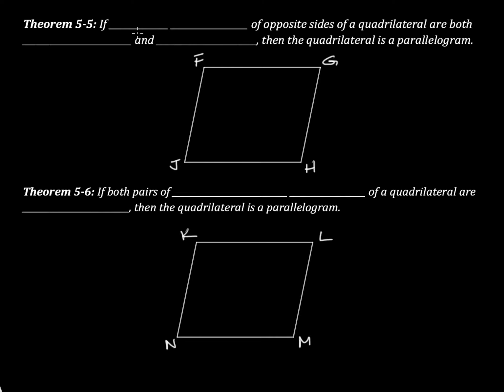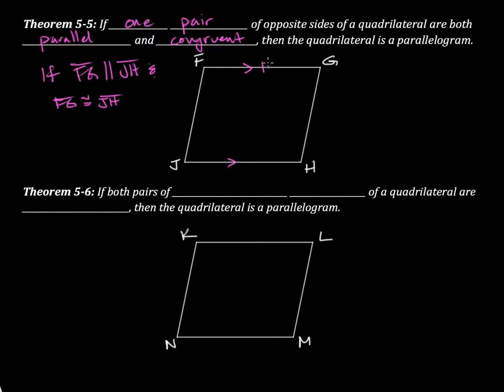What if we just looked at one pair? If one pair of opposite sides of a quadrilateral are both parallel and congruent, so in other words, if FG was parallel to JH, so I'll mark it parallel, and FG was congruent to JH, so I'll also mark that pair of sides congruent, then FGHJ must be a parallelogram.